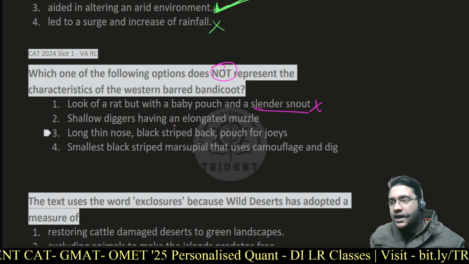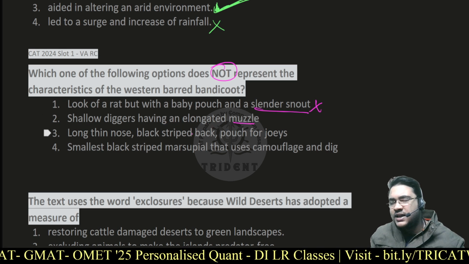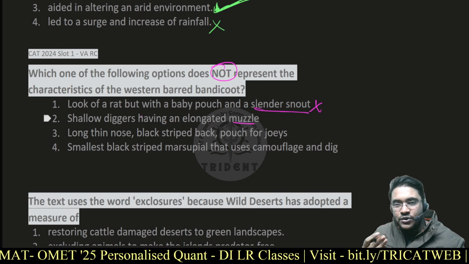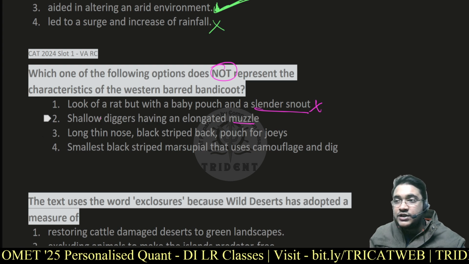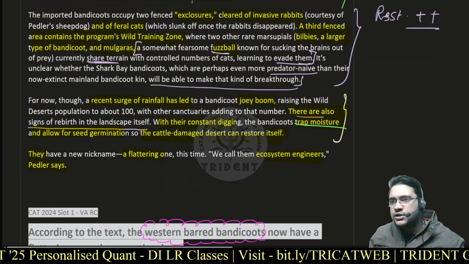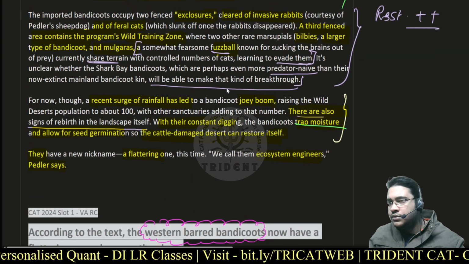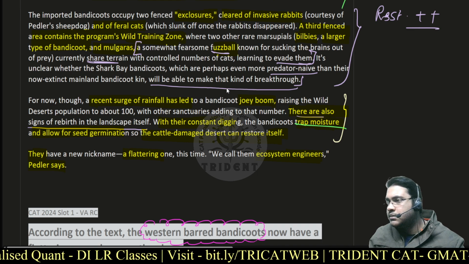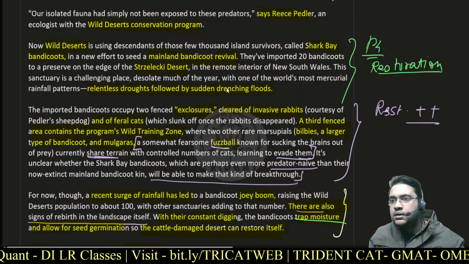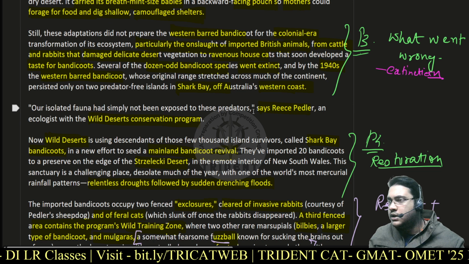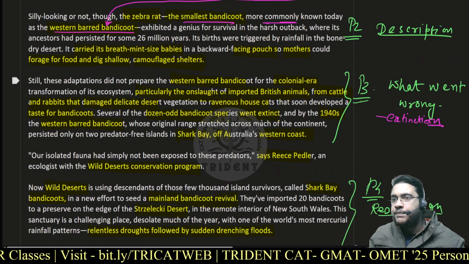The shallow diggers having an elongated muzzle. Muzzle, again talking about the long nose rather. And shallow diggers. Do we have any information on shallow digging? Actually, if you go back to the para, I have read the shallow digging somewhere. Yeah.